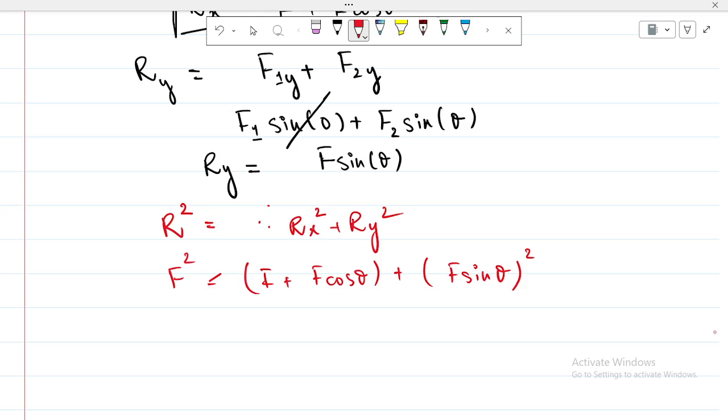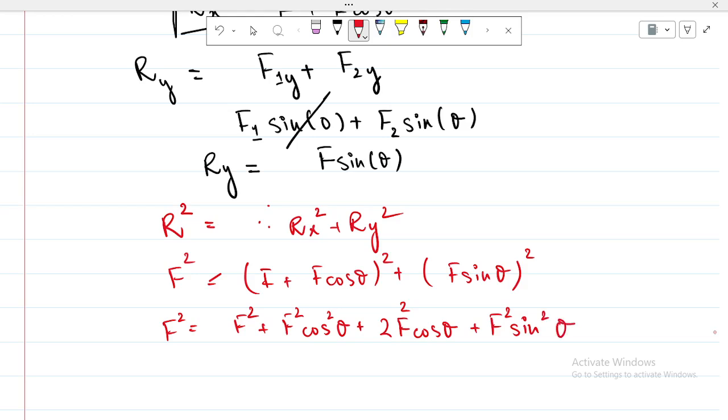We open the squared formula here, which results in F squared equals F squared plus F squared cos squared theta plus 2F squared cos theta, plus we take the square of this term as well, which is F squared sine squared theta.